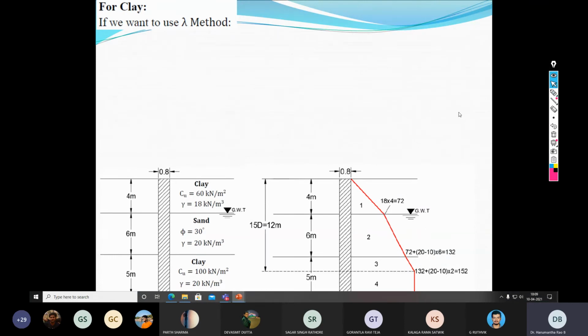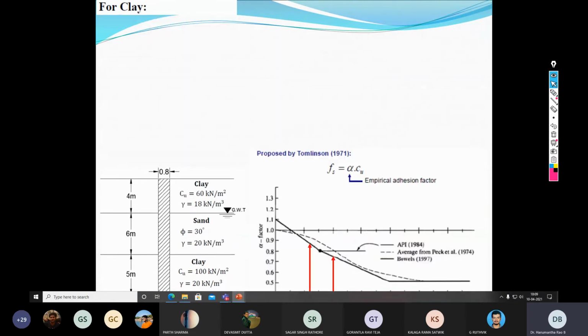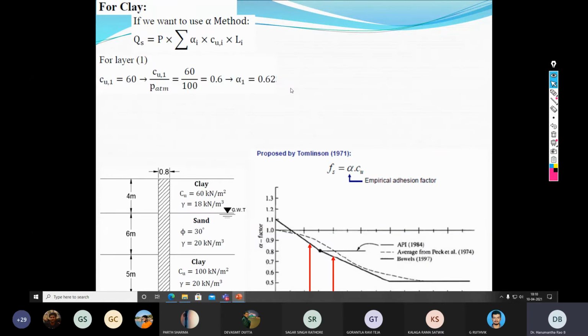Fine. Now let us go to another method, that is the alpha method. The equation for the alpha method is Qs equals P into summation of alpha into Cu into L, where L is the thickness of that particular clay layer, alpha is the adhesion factor, Cu is the undrained cohesion of that particular layer, and P is the perimeter.